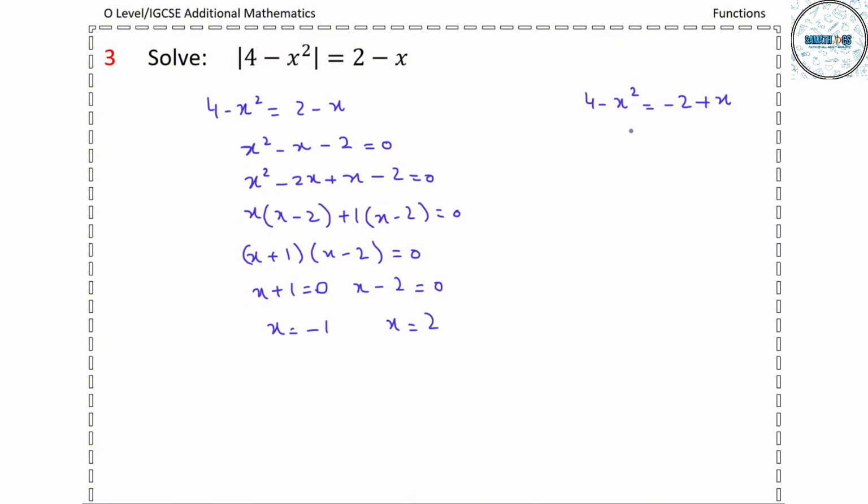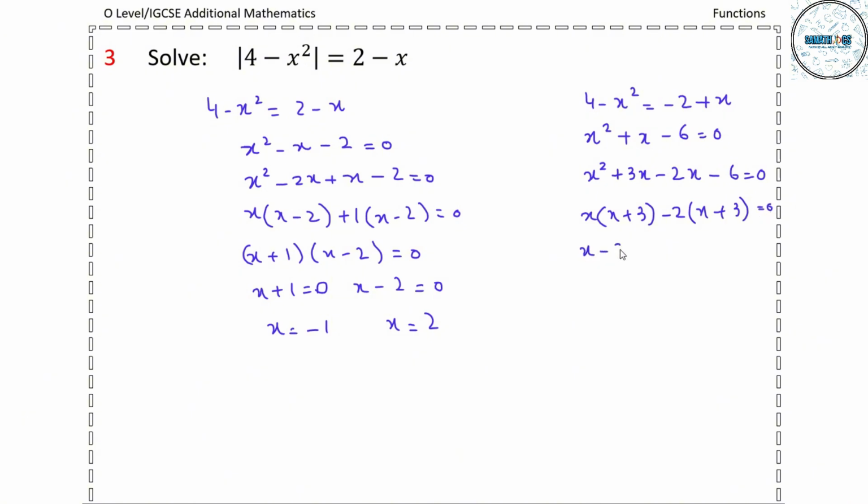Now we'll solve this equation. We will take minus x squared on that side. It will become x squared plus x minus 2, and minus 4 will become minus 6. x squared plus 3x minus 2x minus 6 is equal to 0. So we have x plus 3 minus 2, x plus 3 is equal to 0.